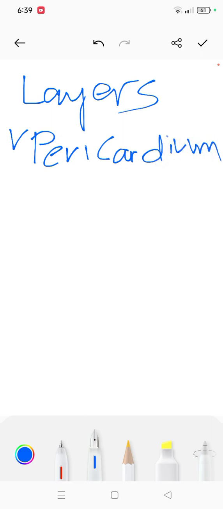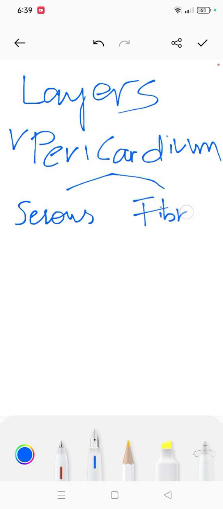Pericardium is again divided into two parts: serous pericardium and fibrous pericardium. Both are layers, which I'll explain in the diagram. Then the second layer which we have is known as epicardium.